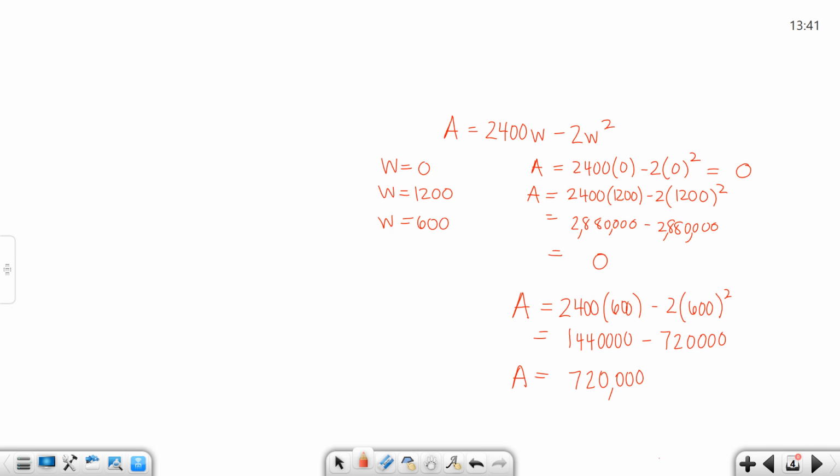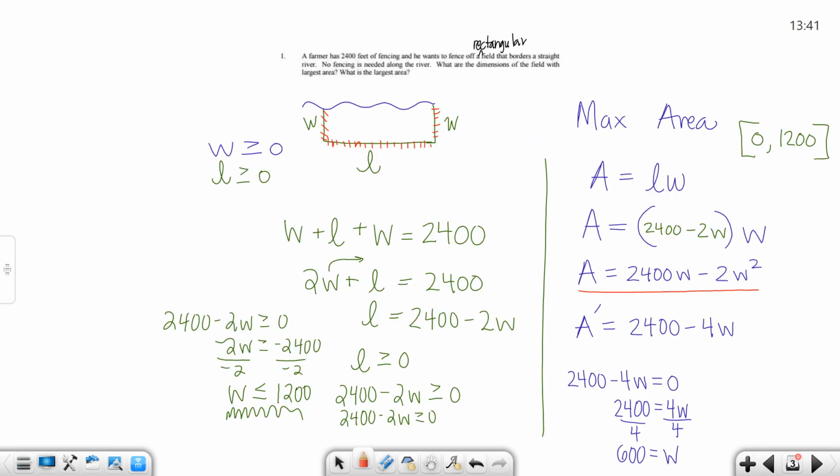Okay, so we had three different area values. We had area being 0, area being 0, and area being 720,000. Of course, the maximum one is the 720,000 one. So let's go back and make sure we answer the question asked. The last question says, what is the largest area? The largest area is 720,000.